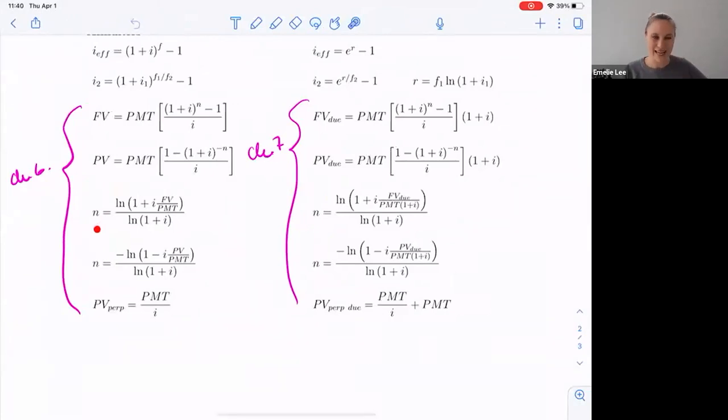Notice that you've got n as well as an n, and it's only because it's the same situation that we had here, right? It depends on if you have a future value or a present value. Don't be too scared here. If you do a deep dive into the formula sheet, you see that there's a future value here versus a present value here. And besides that, the arrangement of everything else is the same, right? And so again, it depends on if you know the future value or if you know the present value.